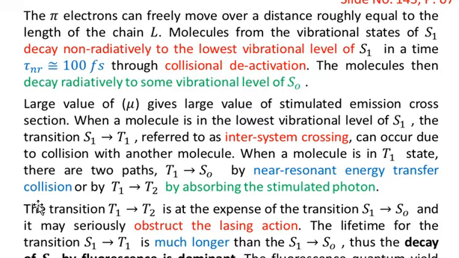So again, you see that this transition is due to collision, because delta S equal to 0 is being violated by this transition. Or by T1 to T2; this transition is optically allowed because delta S will be equal to 0 in this case, that is, both will have the same spin. So the T1 to T2 transition is possible by absorbing the stimulated photon, that is, the photon of the laser system or laser transitions.